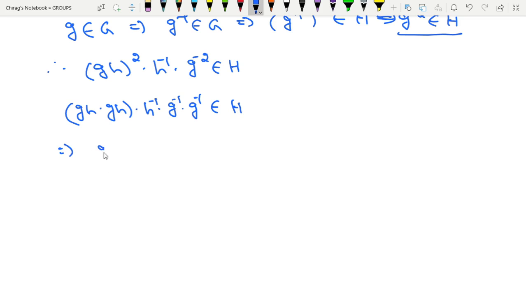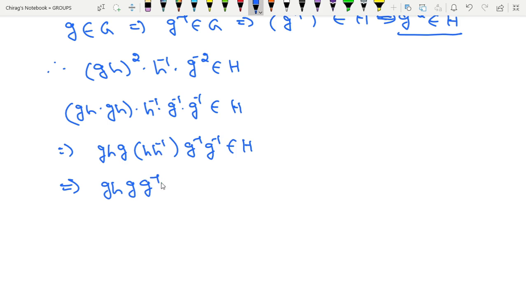So therefore this is g h g into h⁻¹ into g⁻¹ into g⁻¹. This belongs to H. So this implies g h g, and h⁻¹ g⁻¹ is what? e. So we can remove that. So we have g⁻¹ into g⁻¹ belongs to H.